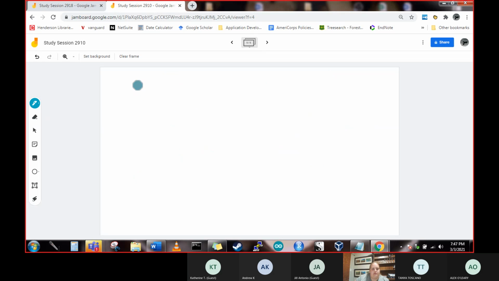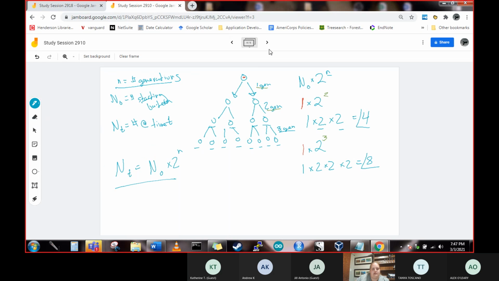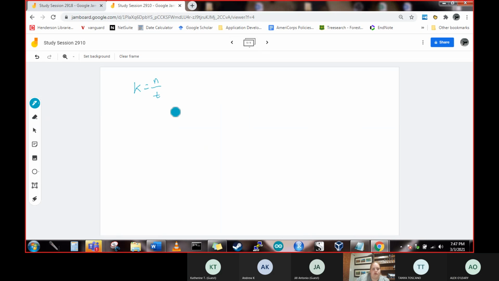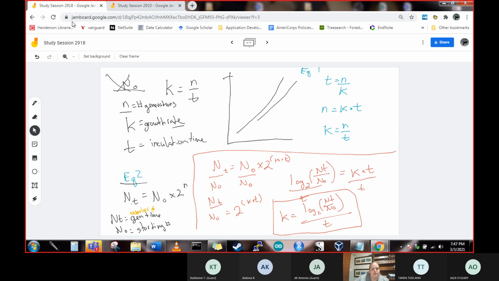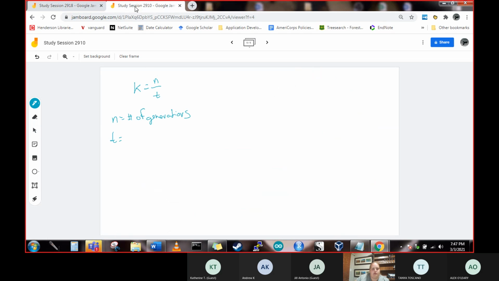The other one is K equals n over t. So previously we said that n is the number of generations, t equals, I think, generation time, or incubation time, and K equals growth rate.